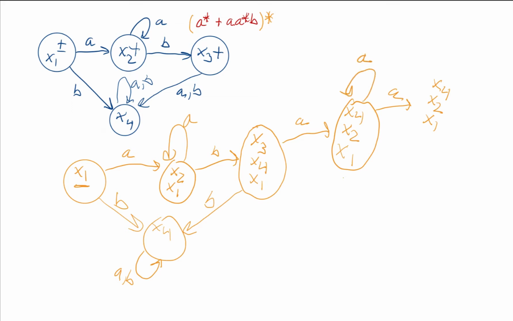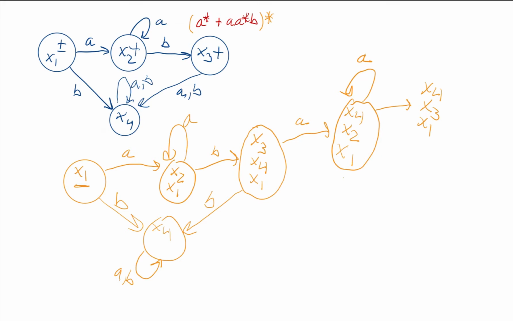Okay, now we'll do the B edge. If I'm in state x4 and I read a B, I go to state x4. If I'm in state x2, I read a B, I go to state x3. x3 is a final state, so that also includes x1.